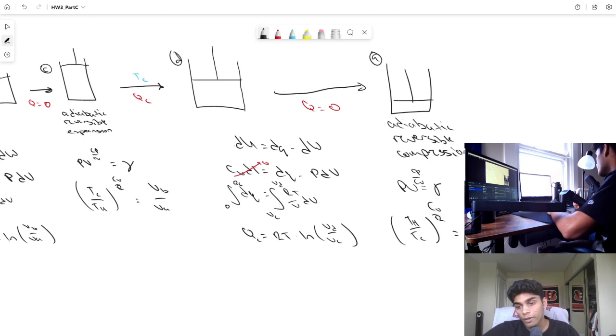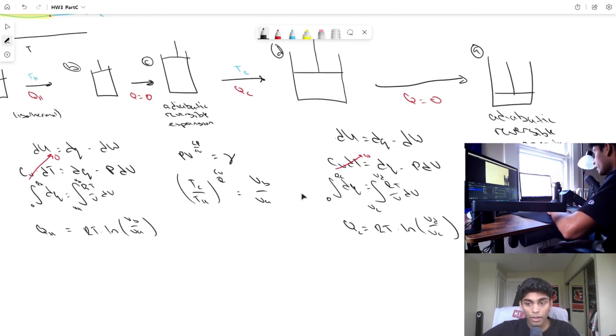So now we have all of the necessary parts that we need to derive the equation for the total work that is done throughout the Carnot cycle.